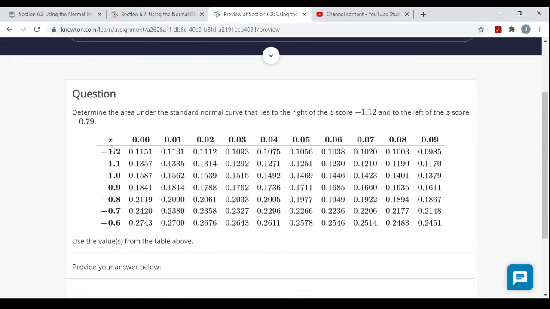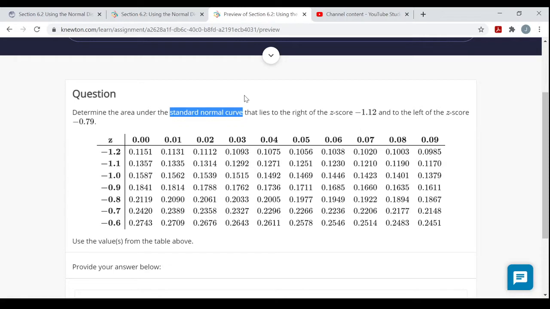Now notice the letter Z showing up here. Remember, Z was for the standard normal curve, and you saw that in the previous section. The standard normal distribution has a mean of 0 and a standard deviation of 1.